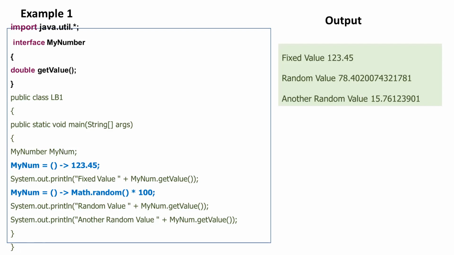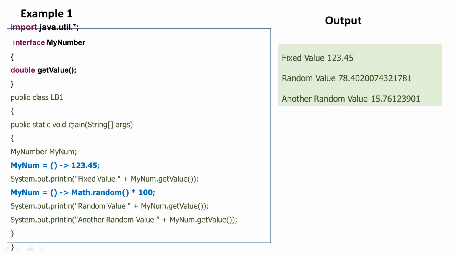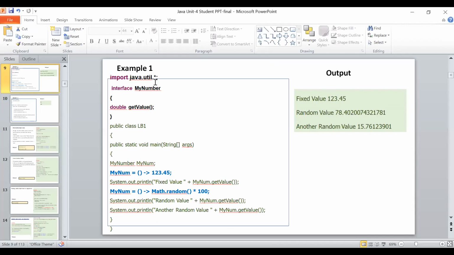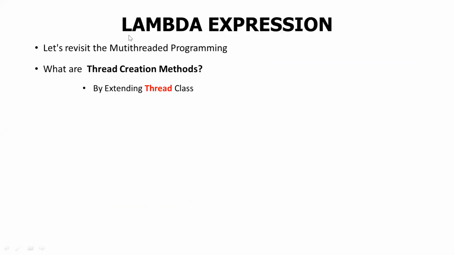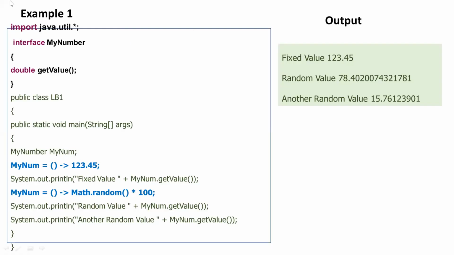In what name must it be? MyNumber, myNum, arrow mark 1, 2, 3. This MyNumber should be your interface name.